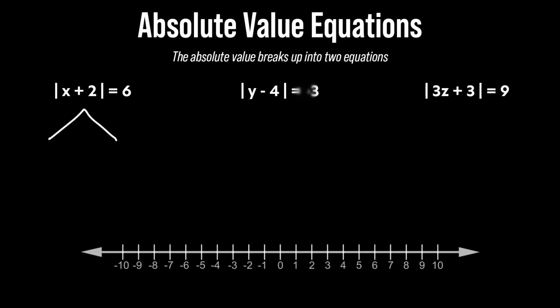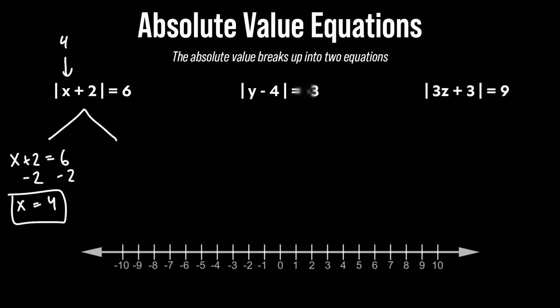And in this case, if we give x a value of 4, then we have 4 plus 2 in the absolute value symbol. And we know that the absolute value of positive 6 is just 6. So that's the equivalent of removing the absolute value in the first place. x plus 2 is equal to 6. Because in this case, we'll subtract 2 from both sides and get x is equal to 4, which is what we found in the beginning.